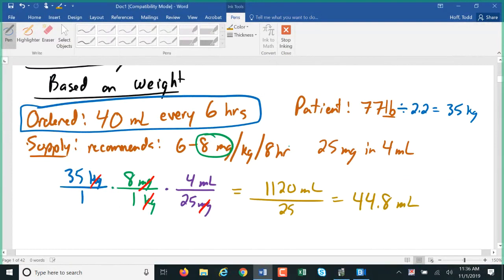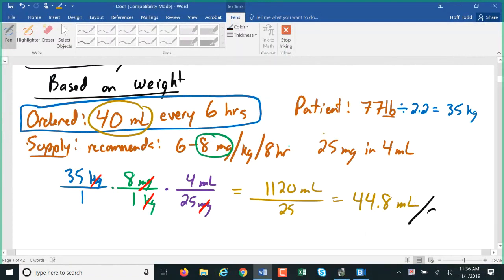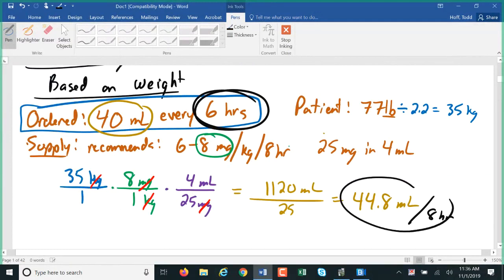Now, if we're not careful here, we look at the 40 milliliters ordered by the doctor and think that's less than 44.8, this is safe. What's the problem, though? The hours. This is every 8 hours. The doctor ordered every 6. We need to do a titration to convert this to 6 hours.